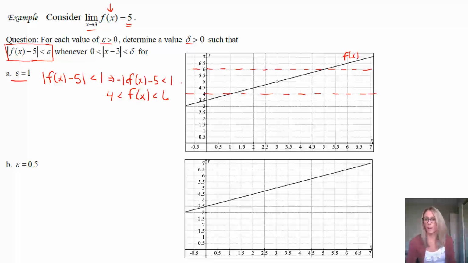So thinking about that, you want to now think about the intersection. So where do these two lines that I've drawn, this y equals 6 and y equals 4, where do those lines hit with our function? So I'm looking for those intersections. So you can see that one of them is here. See if you can find the other one.